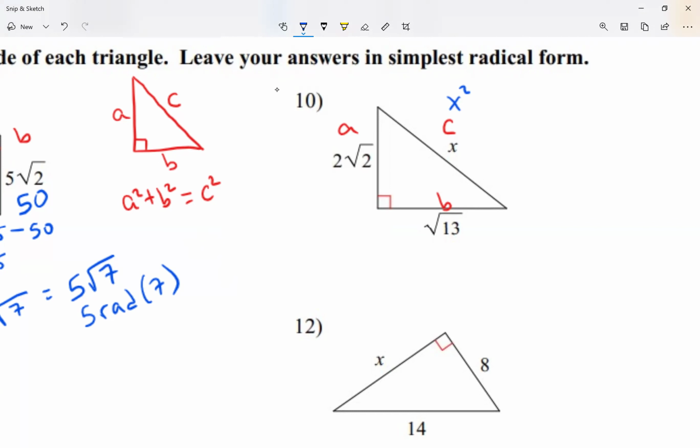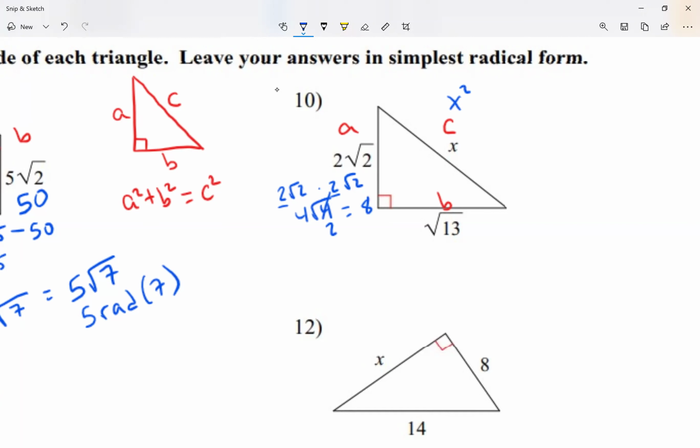Now 2 radical 2 all squared. So I'm thinking 2 radical 2 times 2 radical 2. If I multiply the whole numbers, that gives me 4, and radical 2 times radical 2 is radical 4. But radical 4 is a whole number, so that gives me 8.